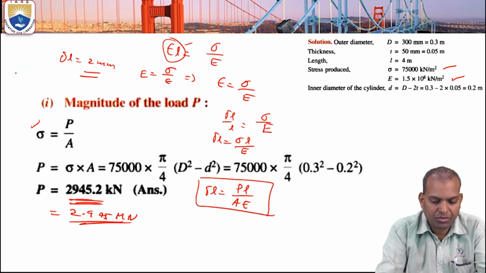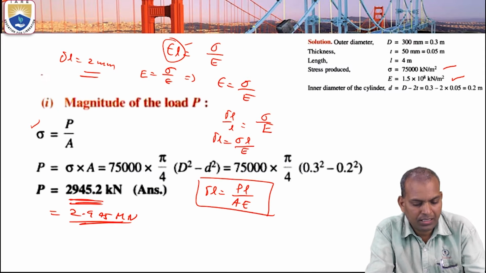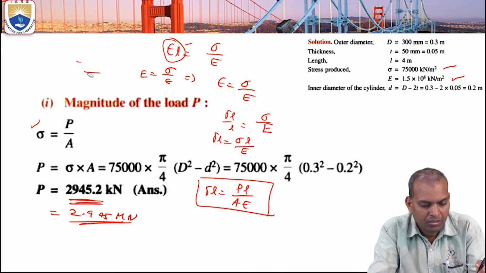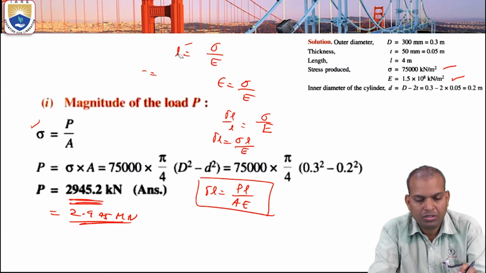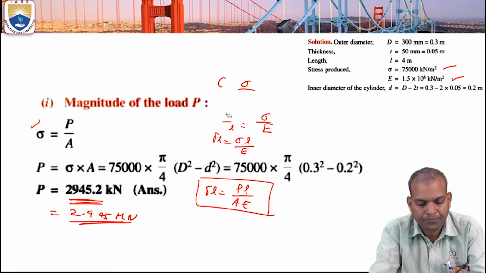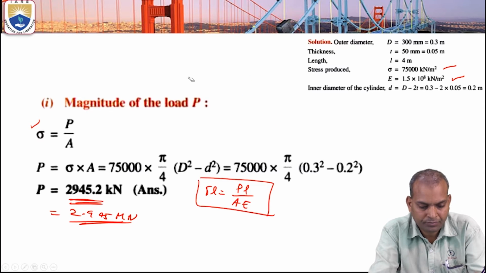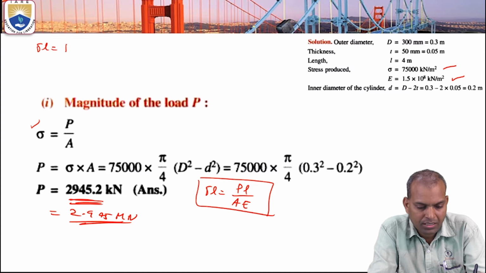Delta L depends on various parameters. Type of load: if it is a tensile load, instead of a decrement there will be an increment in length. In the case of compressive load, delta L becomes a decrease in length. Delta L equals PL by AE.